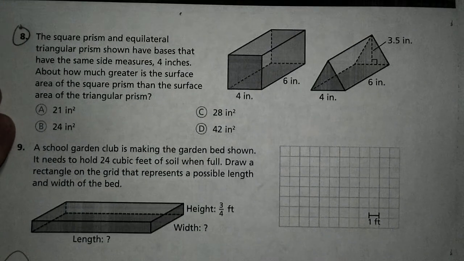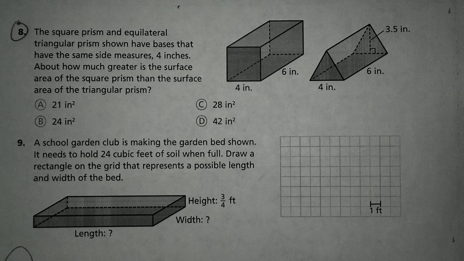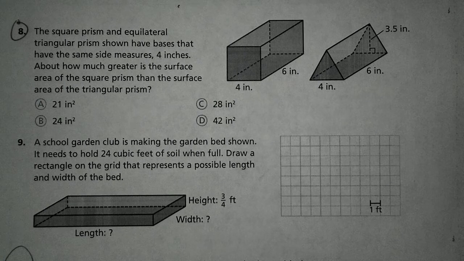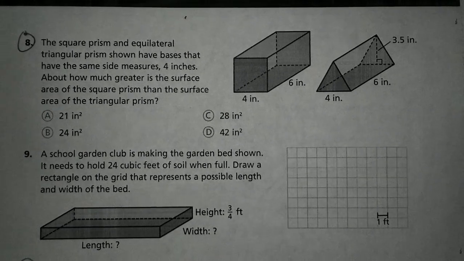All right. So number 8 says the square prism and the equilateral triangle prism shown have bases that have the same side measure, 4 inches. About how much larger is the surface area of the square prism versus the surface area of the triangle prism? So that tells you you're going to find the surface area.